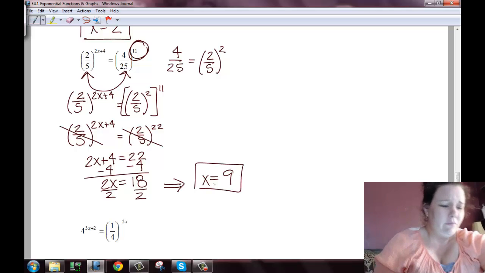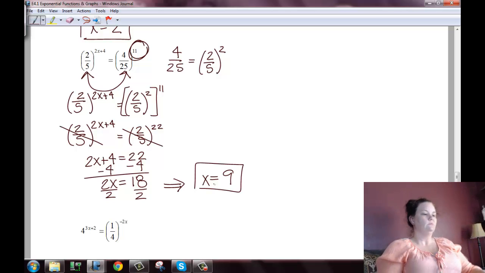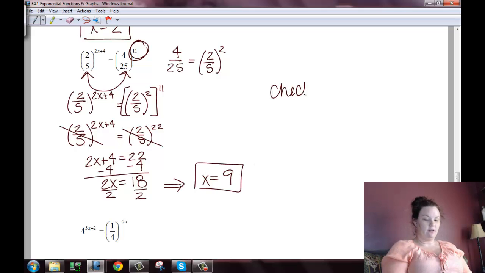Not too bad, hopefully. And you can always check these. Once you get your answer, you could plug this back in. I'll show you really quick how to check it. You could plug it back into the original. So you could do 2/5 to the 2 times x, which we got 9, plus 4, equals 4 over 25 to the 11th.